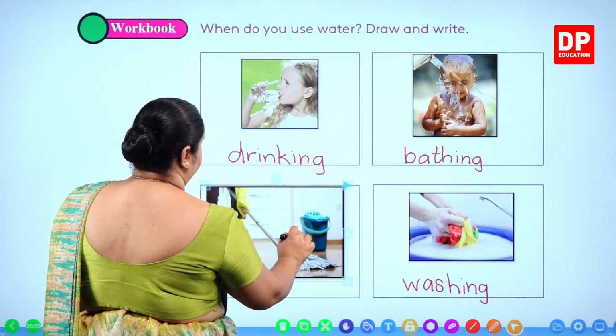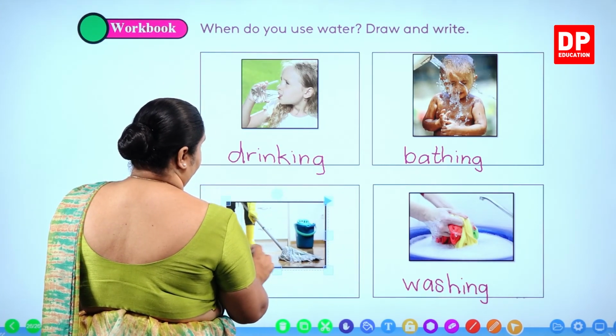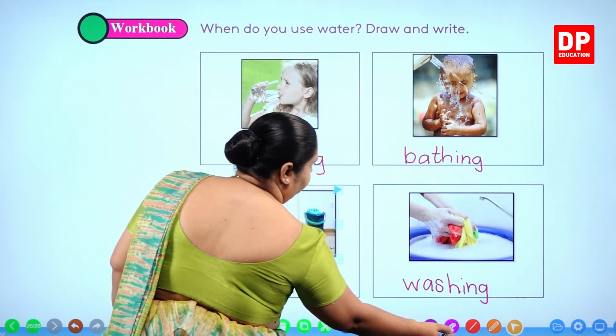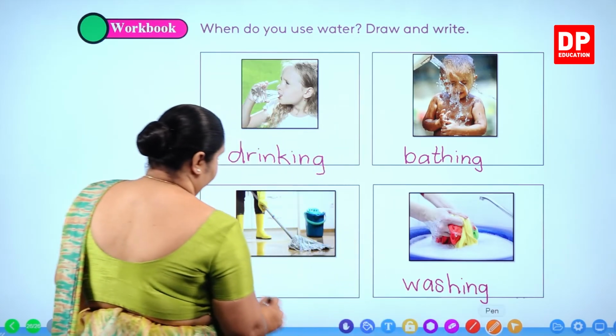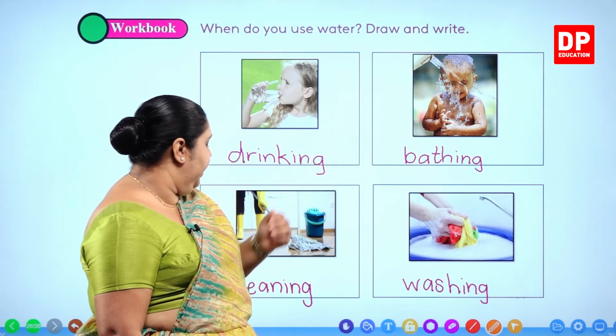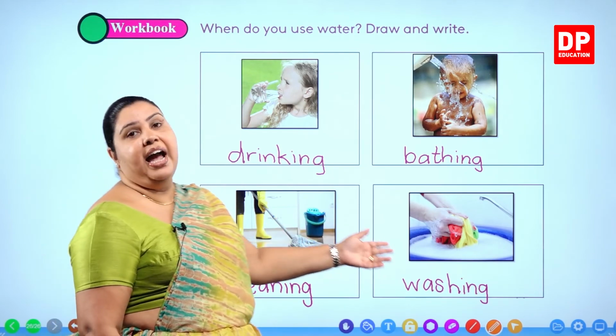And that is cleaning. We need water for cleaning. You can draw and then you can write cleaning. All right, we need water for drinking, bathing, cleaning, and washing.